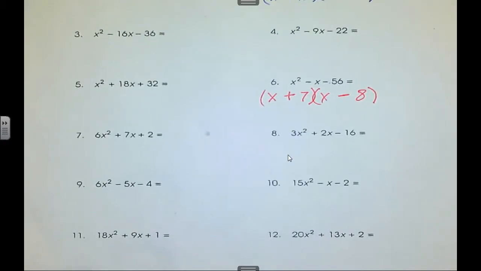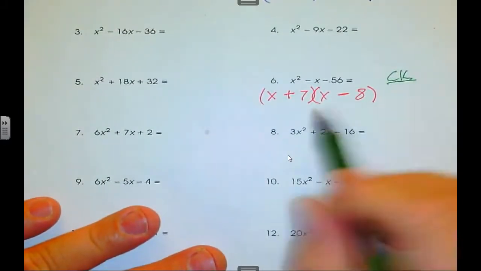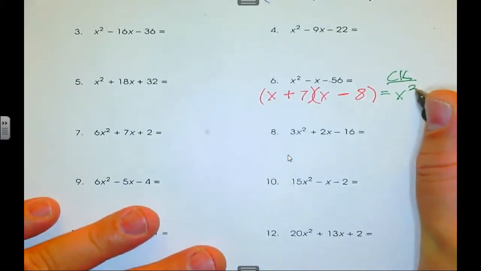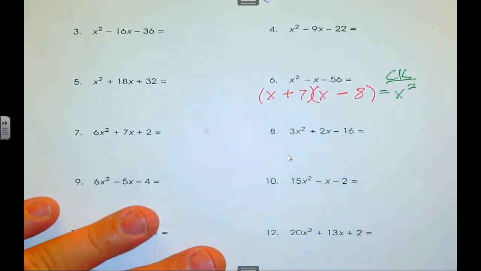Well, let's check it. X times x is x squared. Outer, x times minus 8 is minus 8x.